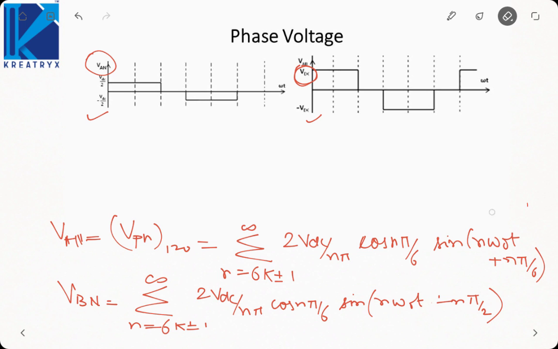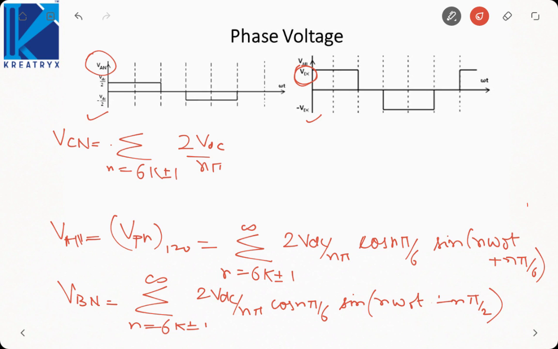VCN can be obtained by adding 120 degrees. n is equal to 6k plus minus 1, 2 VDC by n pi cos n pi by 6 sin (n omega naught t, then 30 plus 120 is 150, 5 n pi by 6). Okay, these are the three phase voltages for the case of three phase inverter in 120 degree conduction mode.